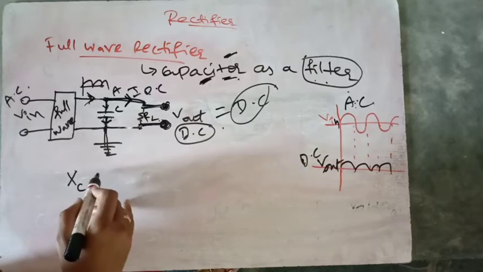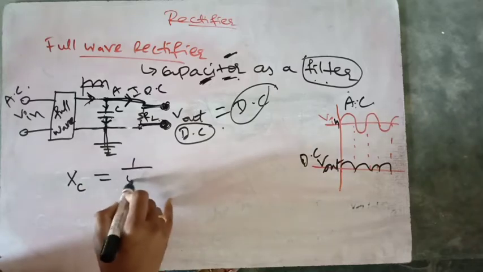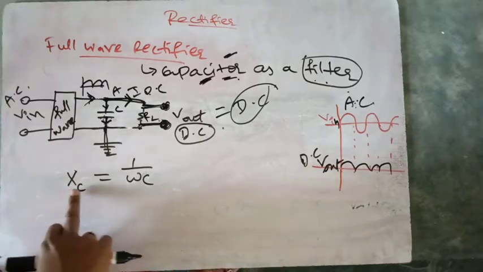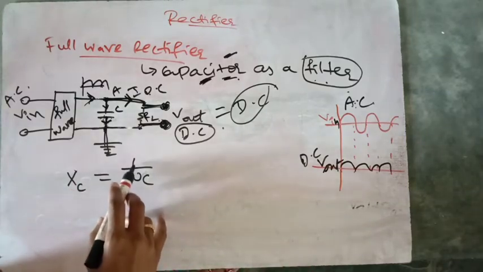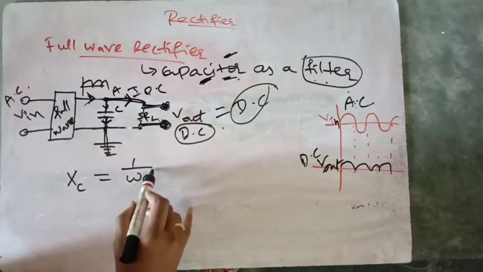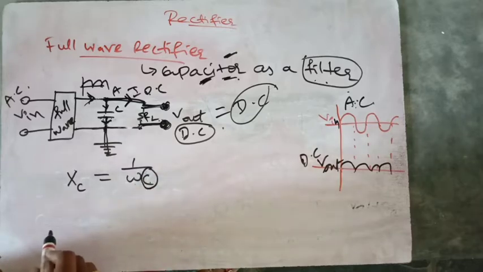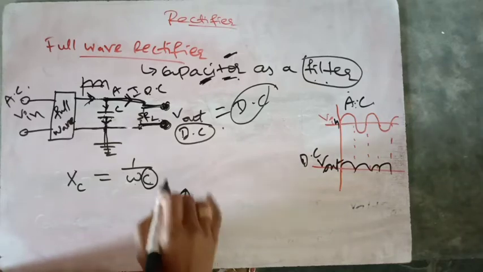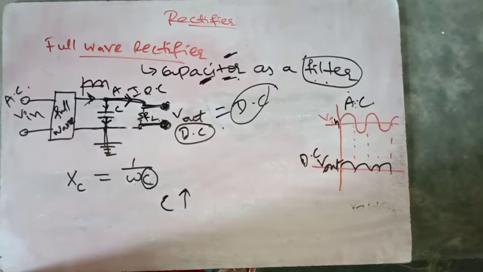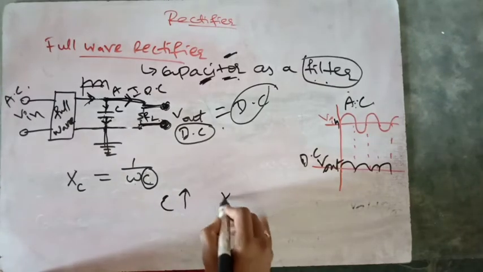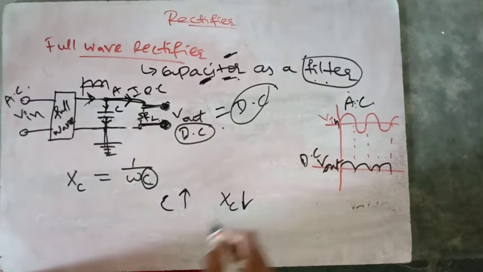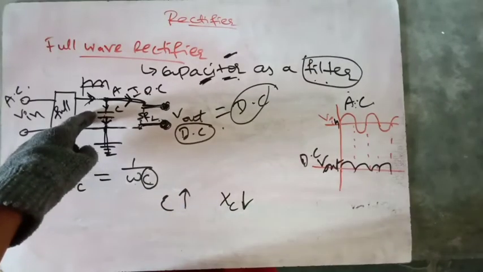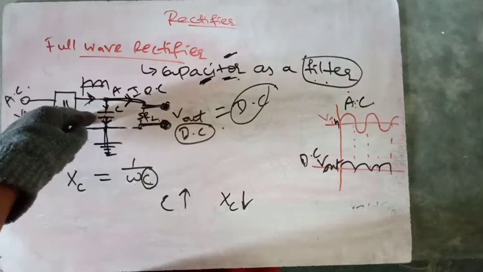XC is the capacitive reactance, which is equal to 1 by omega C, where C is the capacitance. If we increase the capacitance of this capacitor, what happens? The capacitive reactance decreases. So we have to take the maximum capacitance.